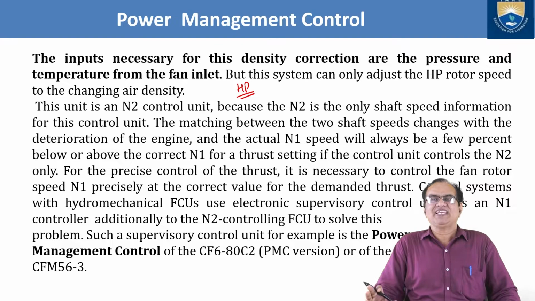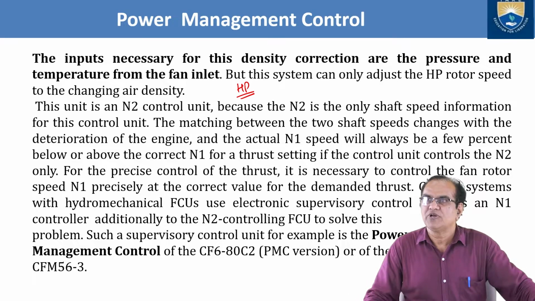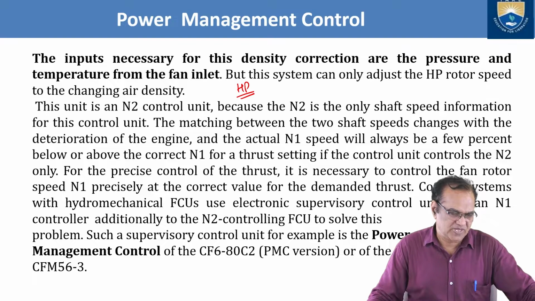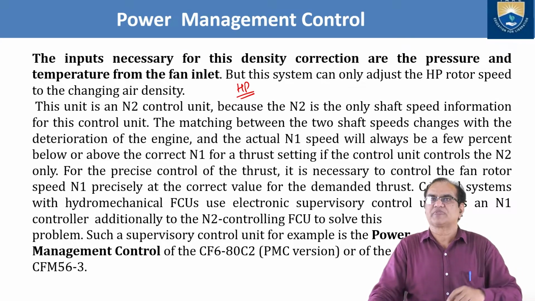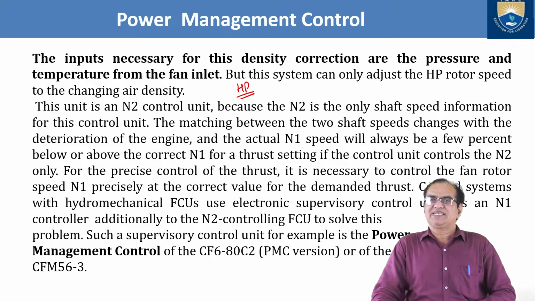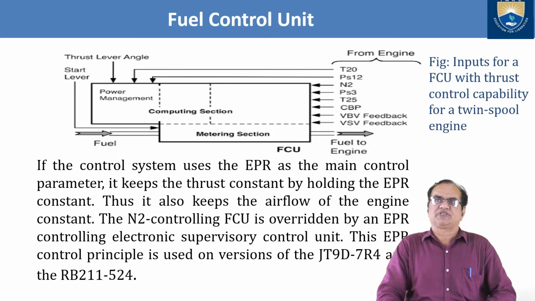Such a supervisory control unit, for example, is the power management control of the CF6-80C2. So in this engine, the CF6-80C PMC version of this power management system is using this N2 control system.